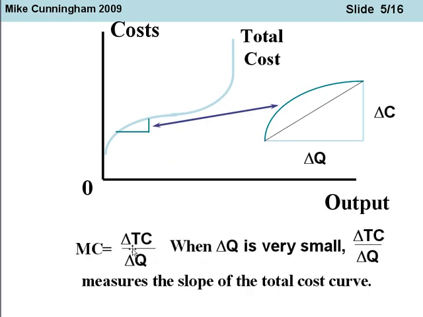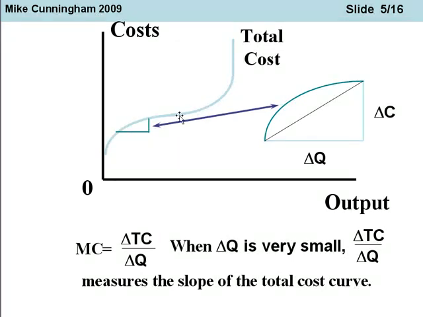So marginal cost is the change in the total cost divided by the change in quantity when the change in quantity is very small. Then that relationship there is measured by the slope of the total cost curve. So really what we're after here is just the slope of the curve at a point, and the gradient of the slope. The gradient of the slope is the marginal cost.